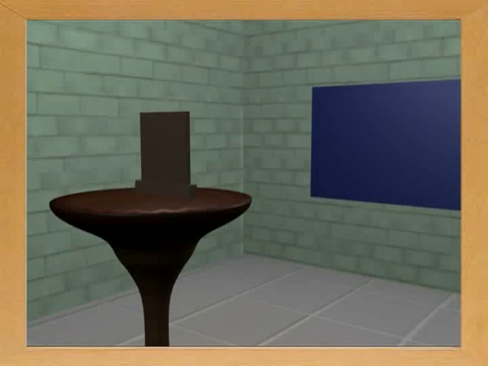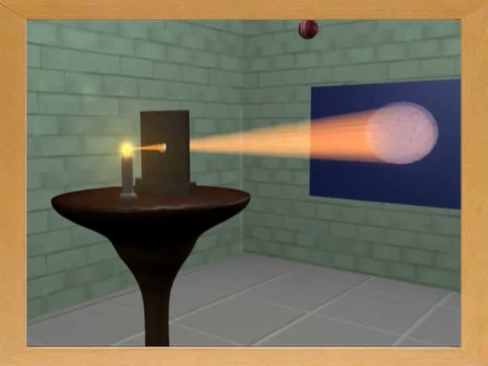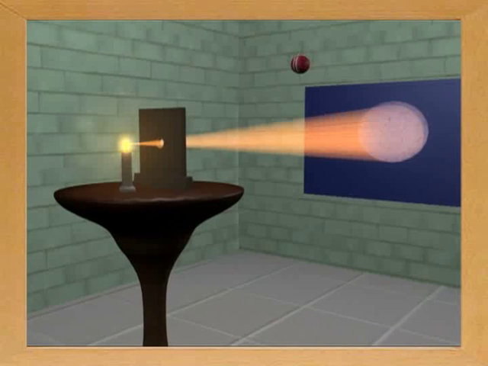Let's prove this by doing an experiment. Take a cardboard with a small hole and a screen. Take a candle, put it near the hole and light it. Then put a small rubber ball, which is an opaque body, and place it between the source of light and the screen.